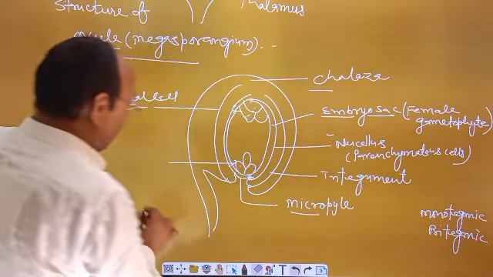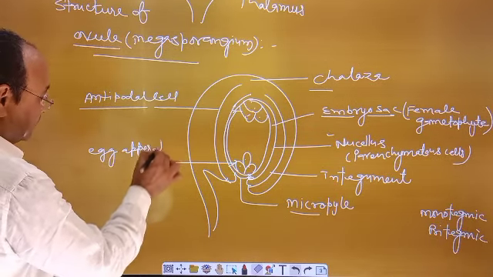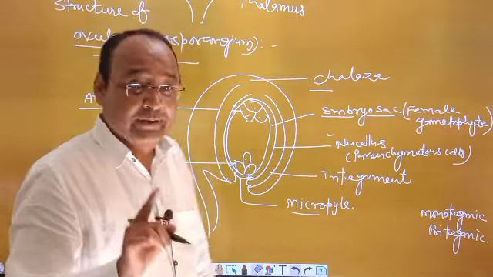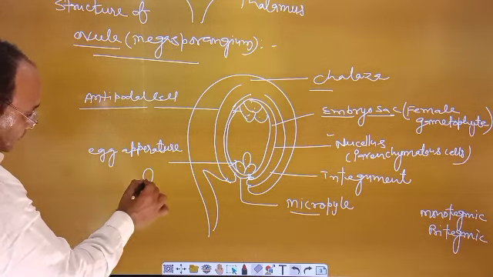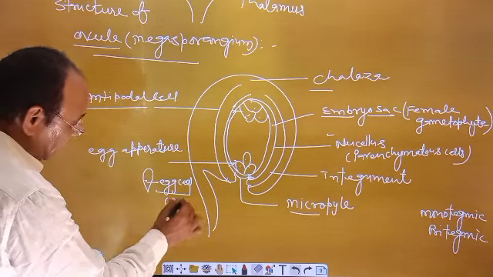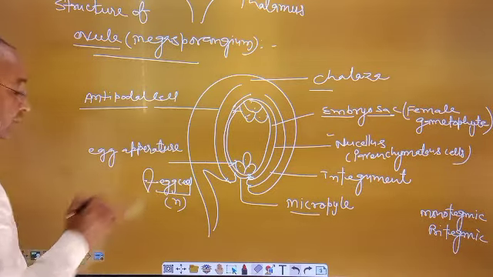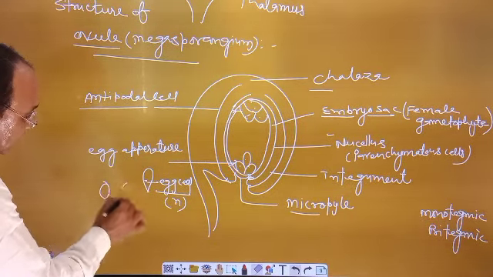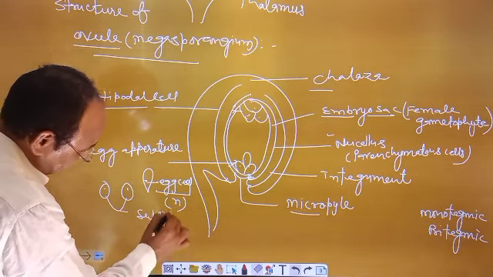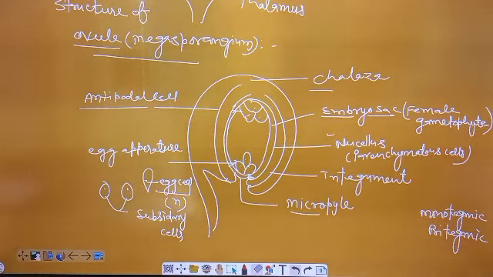These three cells are commonly known as egg apparatus. In the egg apparatus, there is a single egg cell which is haploid and acts as a female gamete. There is a group of two cells, which are known as subsidiary cells.